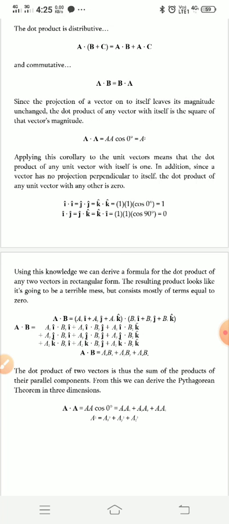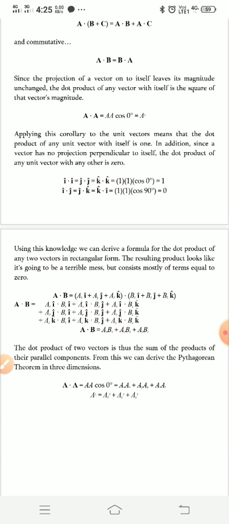Now suppose we are going to multiply orthogonal unit vectors by dot product, that is i dot i or j dot j or k dot k. i, j, k are unit vectors, so their magnitudes are 1. i along x-axis, j along y-axis, k along z-axis.